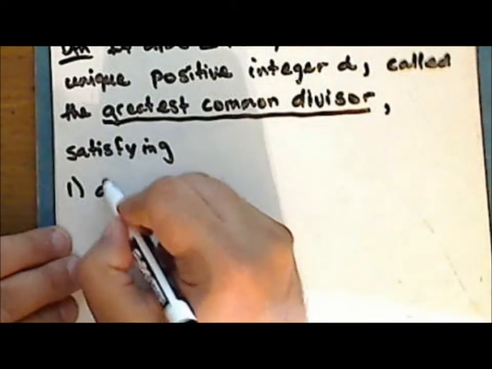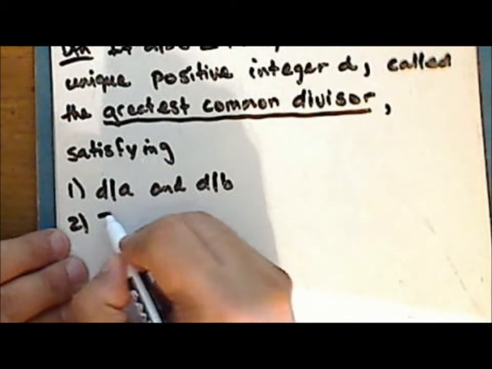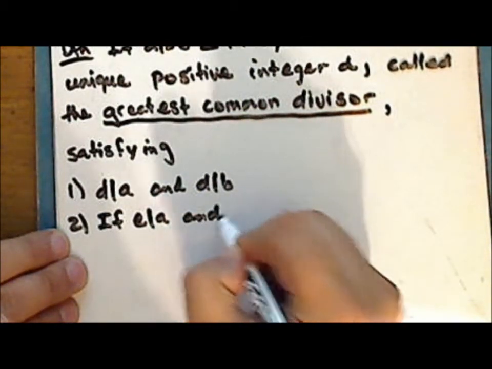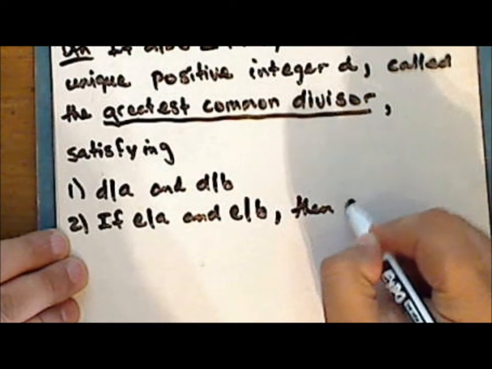First, D divides A and D divides B. And second, if some other number E divides A and also divides B, then this number divides D.